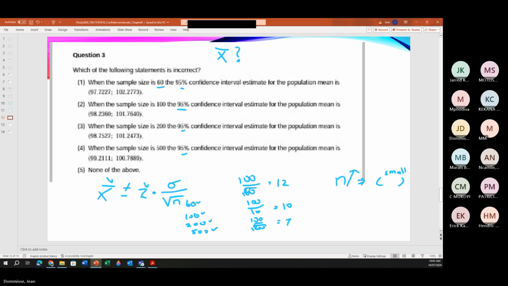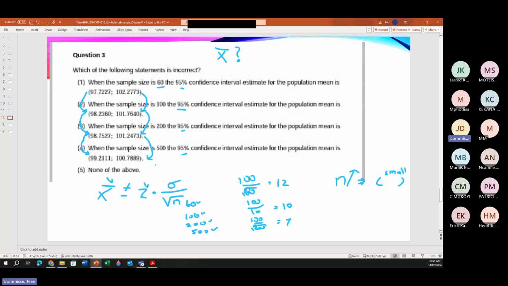Now let's see, that next one needs to be bigger, that next one needs to be bigger, which it is, that one needs to be bigger, which it is. Let's see, that one needs to be smaller, which it is. That one needs to be smaller, which it is. That one needs to be smaller, which it is.